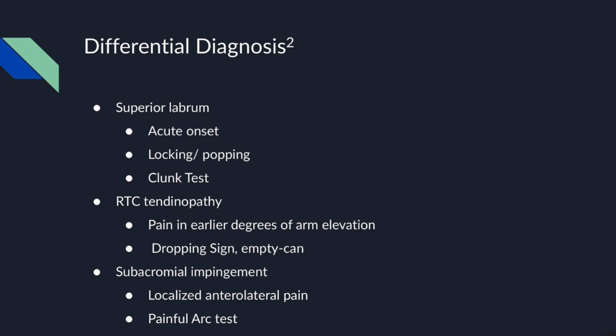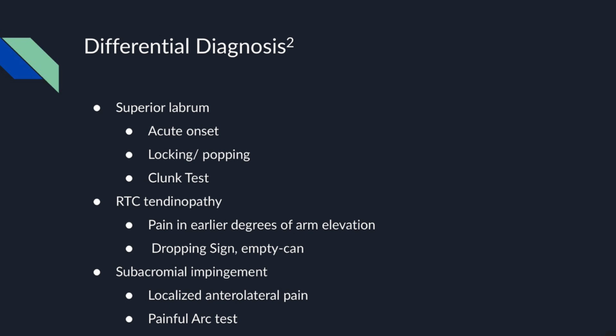Doing the dropping sign, 90 degrees of flexion and max external rotation, and if they cannot hold that test position, you know, they could be showing signs of, for that particular testing, infraspinatus, but you can see dropping sign in multiple different tests. Empty can for supraspinatus.